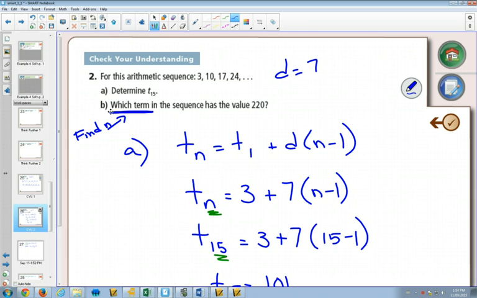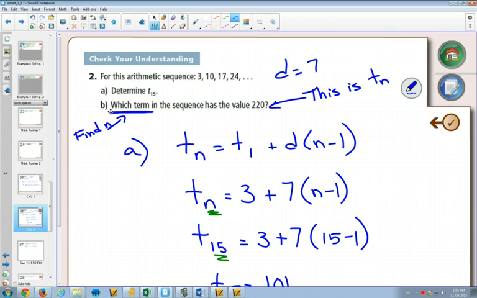When they tell you the value, that's the general term that we're trying to find, even though we don't know n. Okay? And sometimes this can trouble your brain a little bit, because how can I know Tn if I don't know n? Is the thing that sometimes people have trouble with. Well, it's because you know what the term number is, you just don't know which one it is.